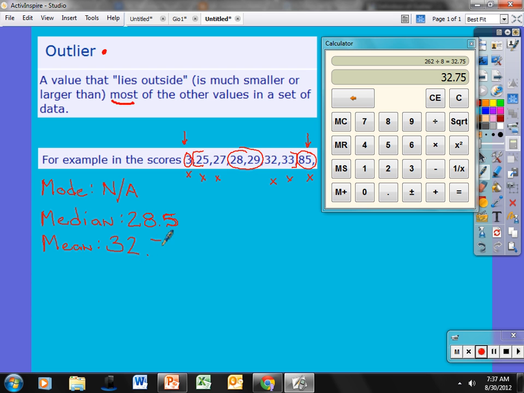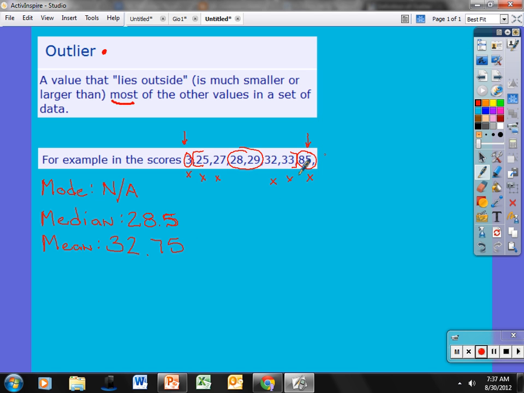Now let's think for a second. It's not a great deal larger, it's about 4. But let's talk about why this mean is larger than the median. What could have caused the mean to become larger than the median? It is the outlier, especially that outlier of 85.